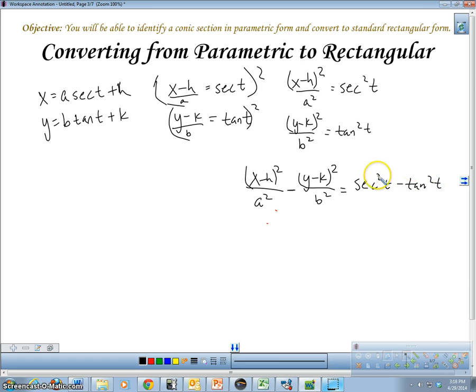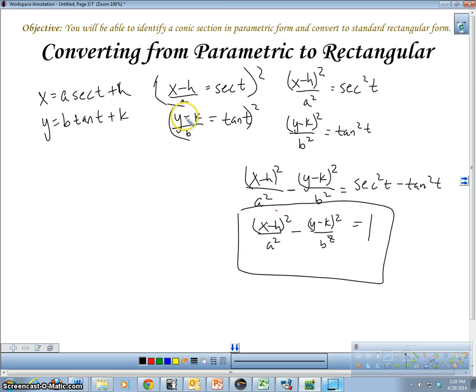And I know that this is 1. So then we get our hyperbola formula. Alright, so this is our formula for hyperbola. So this is how we would eliminate the parameter.